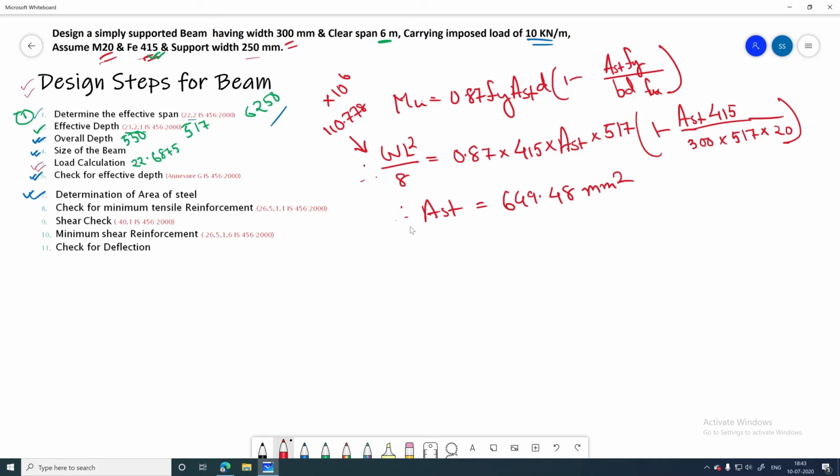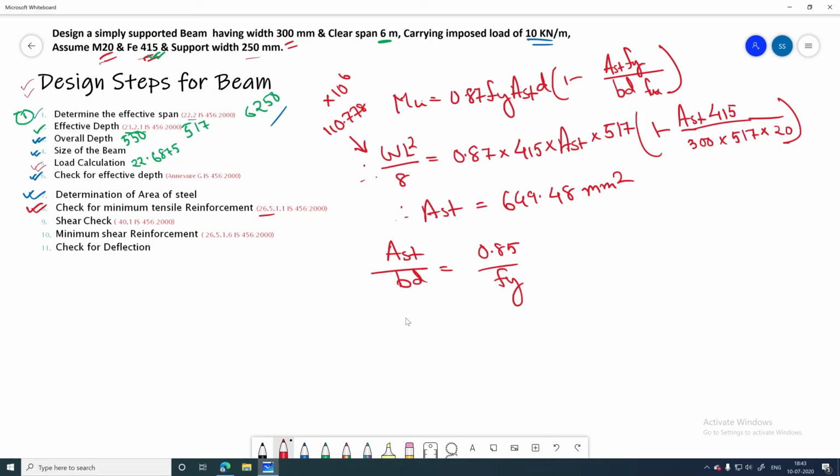Okay. Now after that we need to check for the minimum tensile reinforcement. So for that we need to consider clause number 26.5.1.1, okay. So if you go there, there will be a formula, that is AST by BD is equal to 0.85 by Fy. Okay.